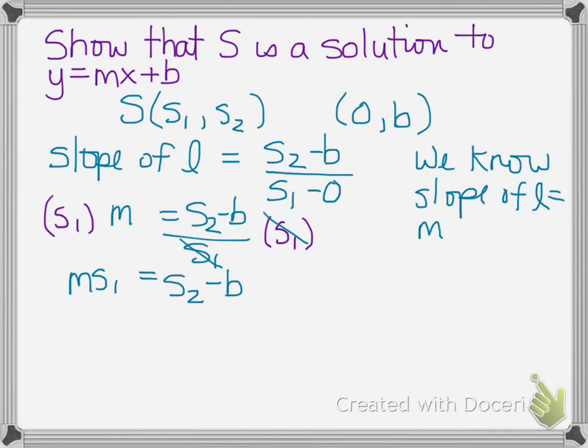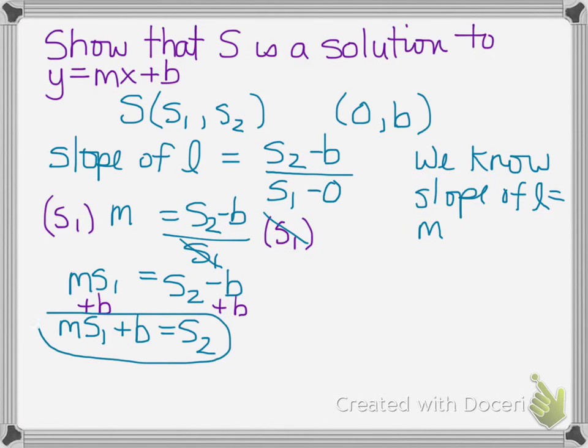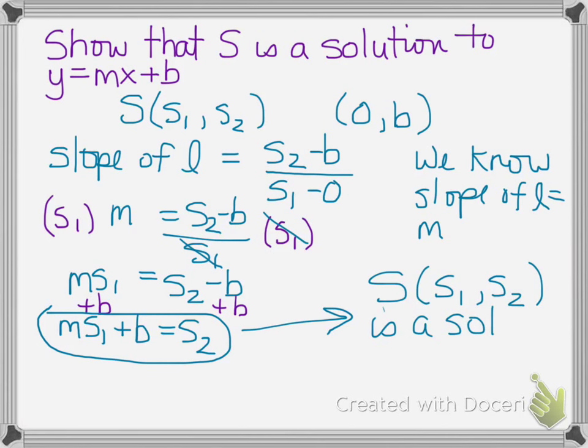So now I want to add b to both sides here. And I get that m times S1 plus b is equal to S2. And this expression tells me that point S with coordinates (S1, S2) is a solution to y equals mx plus b.